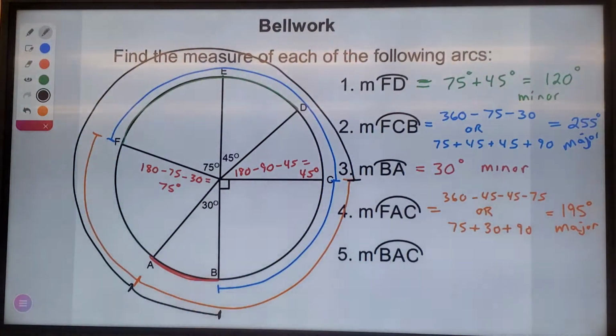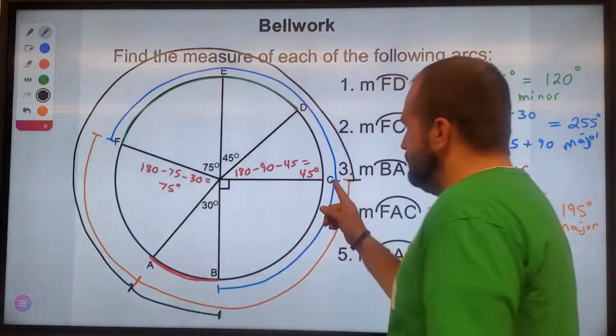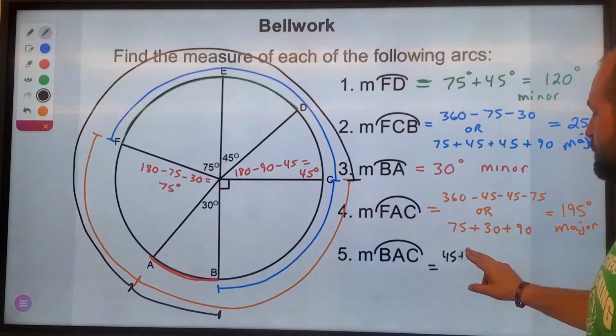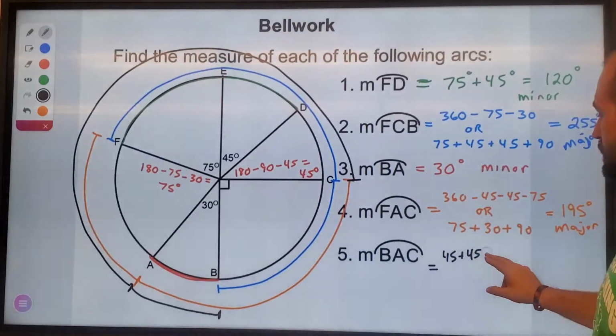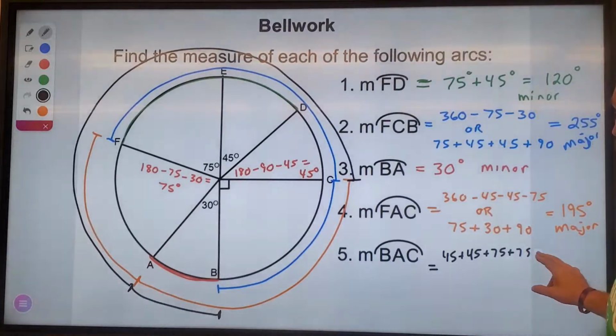Okay, so here again I have 2 options. I can add up every little segment that I have. So that would give me the 45 there, plus the 45 right above it, plus the 2 sets of 75, plus that set of 30.